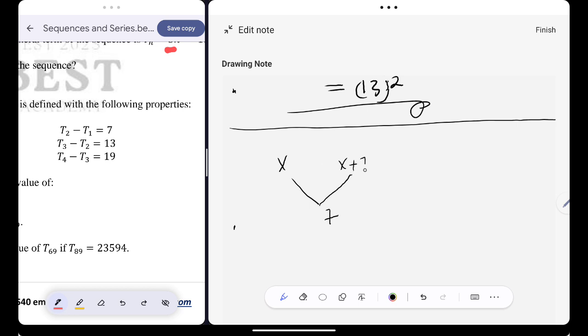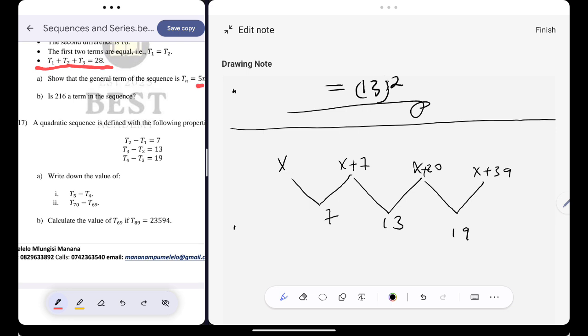This will be x plus 7, and then we know that here we have 13 because we are told that t3 minus t2 is 13. That means here we have x plus 20, and then here we have 19. That means here we have x plus 39.